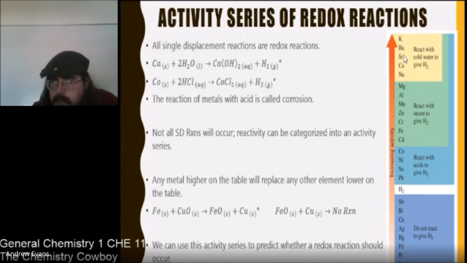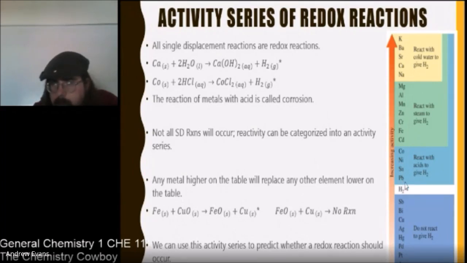So potassium, barium, strontium, calcium, sodium will react violently with cold water to give hydrogen. These, magnesium through cadmium, will react with steam. So it needs boiling hot water to react, but it will react.